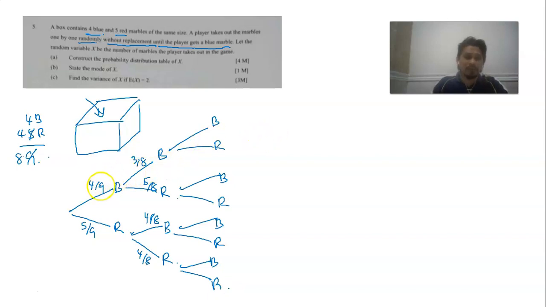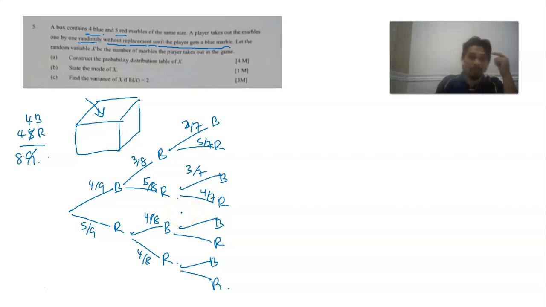So 4 over 9, 3 over 8, and then 2 over 7. And here is 5 over 7, for 4 blue and 1 red, and then from 9, 8 becomes 7 here, 4, 3, and here is 4 over 7. You just need to imagine it.